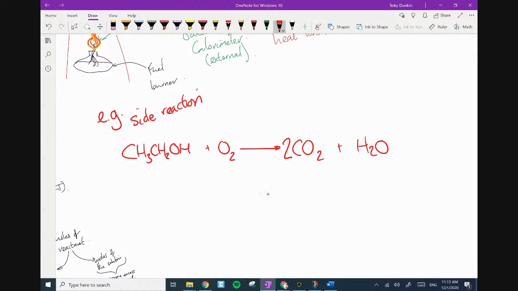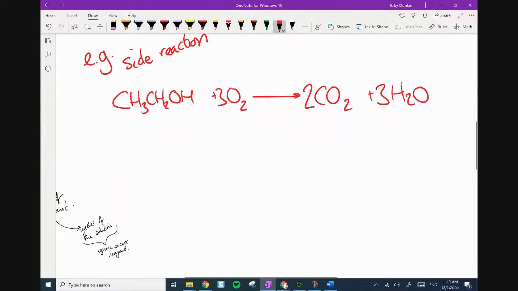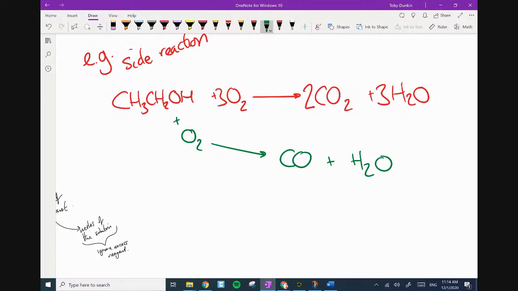Let's balance it. 7-3, I think. Something like that. But in reality, there's another reaction going on. I'm also going to have that reacting with oxygen. I'm going to do this in a different color. It will also react with oxygen and form CO and water as well, incomplete combustion.